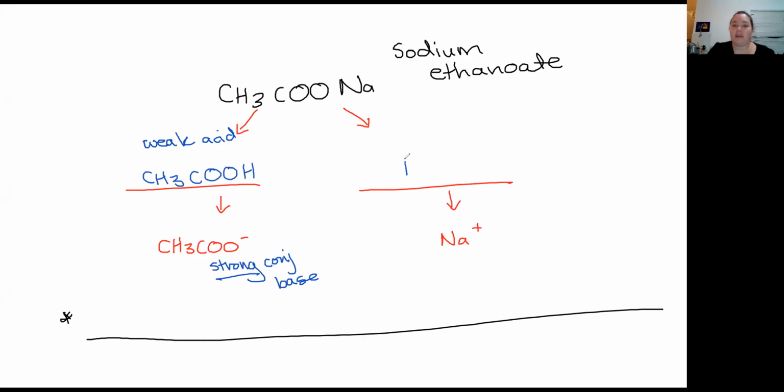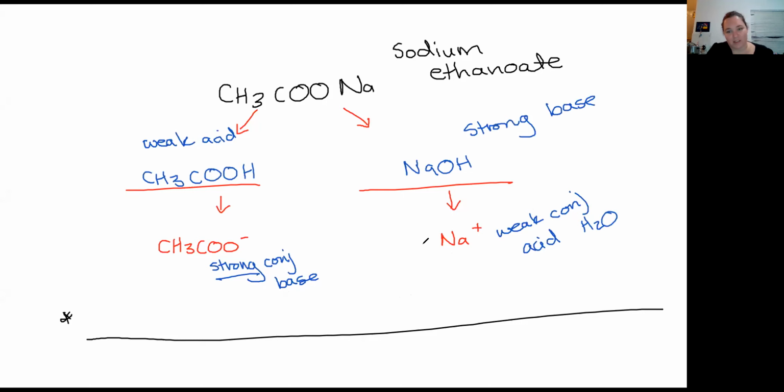So over here, we'd end up with sodium hydroxide, which is a strong base, which makes sodium our weak conjugate acid. And if you remember, I told you it was so weak that it didn't actually have a proton, and it wasn't our acid at all because the water was the acid. So that's not going to be what reacts. So our reaction is CH3COO- reacting as a base.